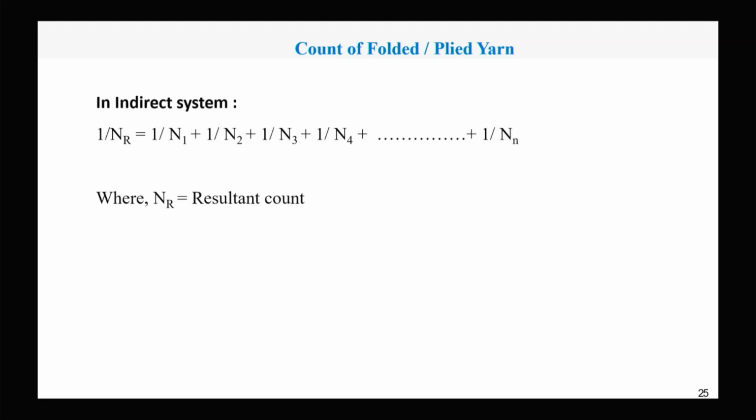So in the indirect system, the resultant count, it's NR, is the resultant count. So if you have say n number of components, you take the reciprocal of the individual component linear density or count and then add.